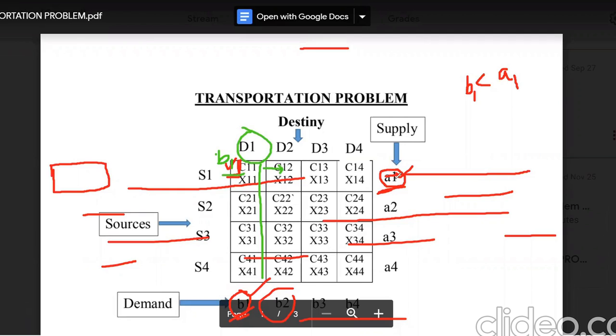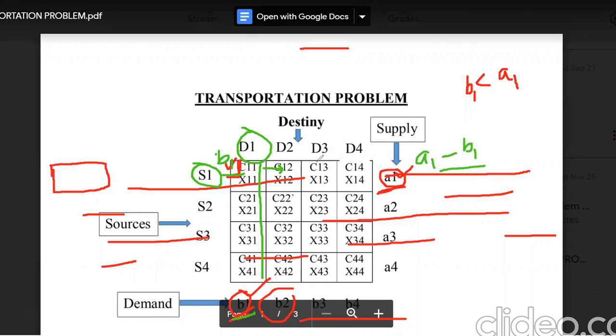Now, A1 is the quantity supplied from the source S1. From source S1, you have already supplied B1 quantity to the destination D1. So how much is left? A1 minus B1.